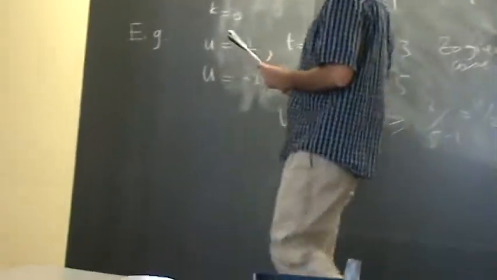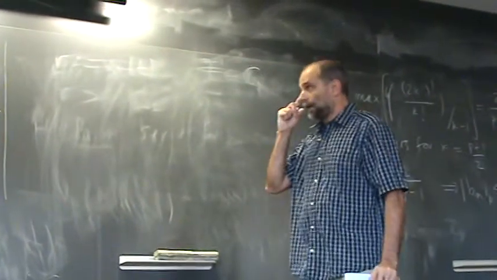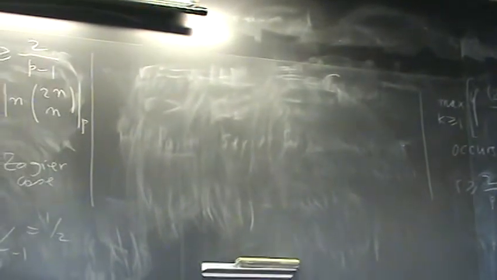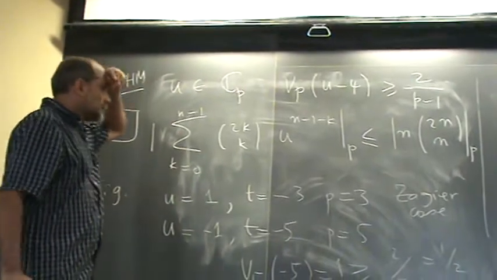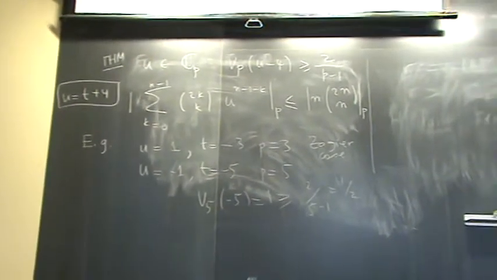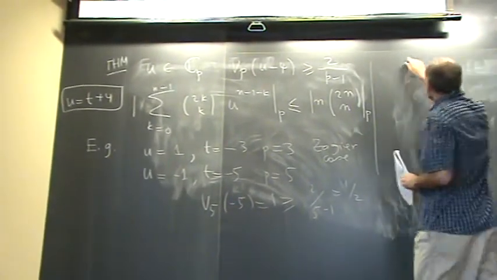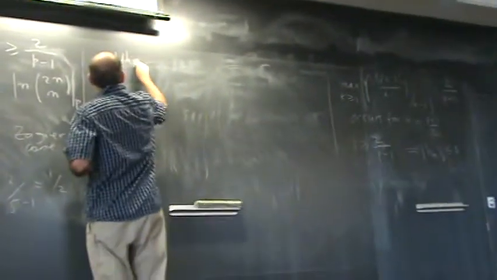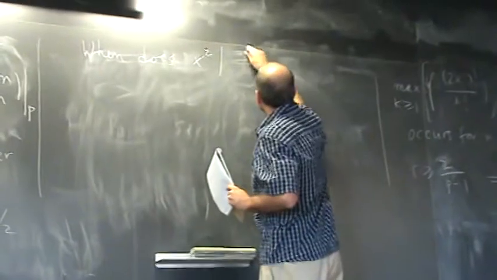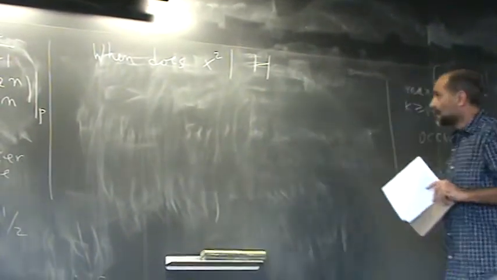Now, the question I wanted to answer from here is, why is it that in the case of p equals 3, and there's choices, does the result hold with an n squared instead of an n? So the question is, when does x squared divide h in the sense of power series?